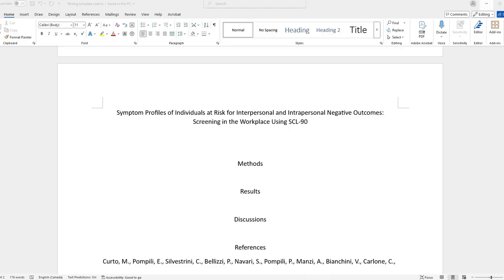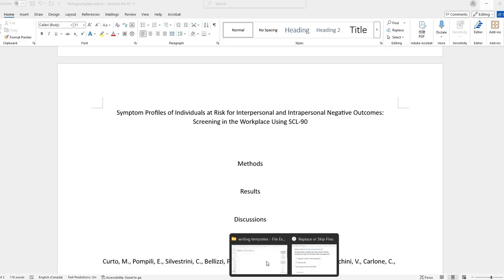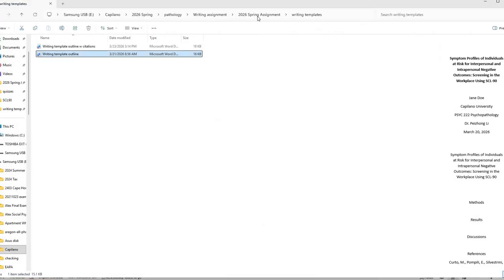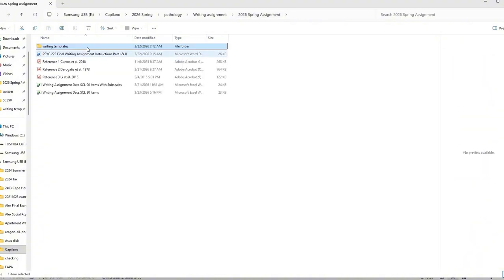As always, before you start writing, you want to put together all the materials, all the writing materials. You have the references, 3 references, and you have the writing instructions, and you have the data.